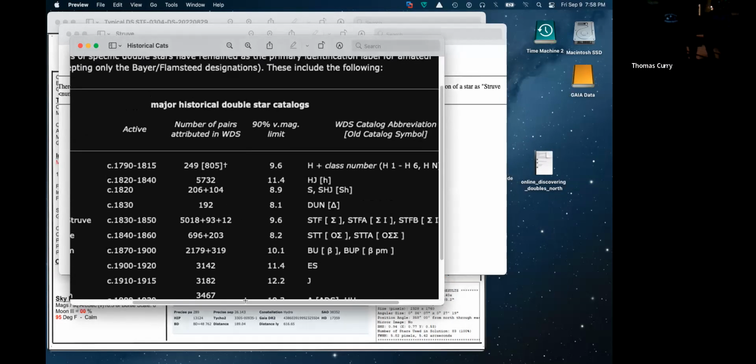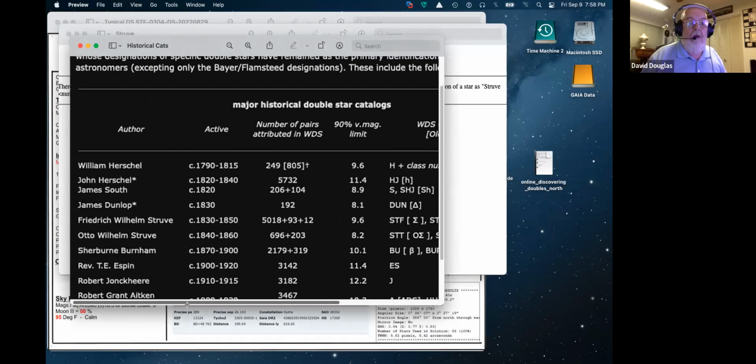Okay. The Struves were in the 1830s. They're not current astronomers. That's old, old, old. What I'm trying to say is double stars have been around for a long while. A couple of the familiar names, William Herschel and John Herschel, were discovering double stars clear back into 1790.